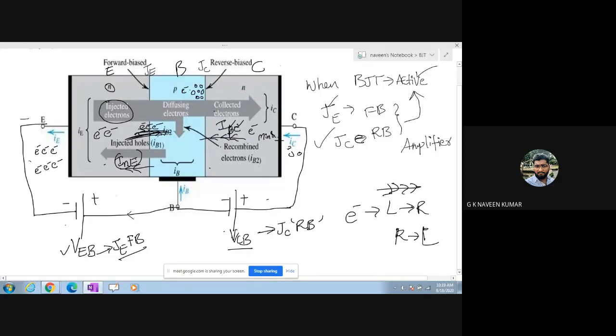The whole current that is flowing, the remaining current, suppose if I is entering, I minus I1 will be recombining, and the remaining current will be flowing here. If 100 electrons are moving here, as majority carriers are holes, maybe 10 electrons will recombine here and 90 electrons will start moving towards the collector.